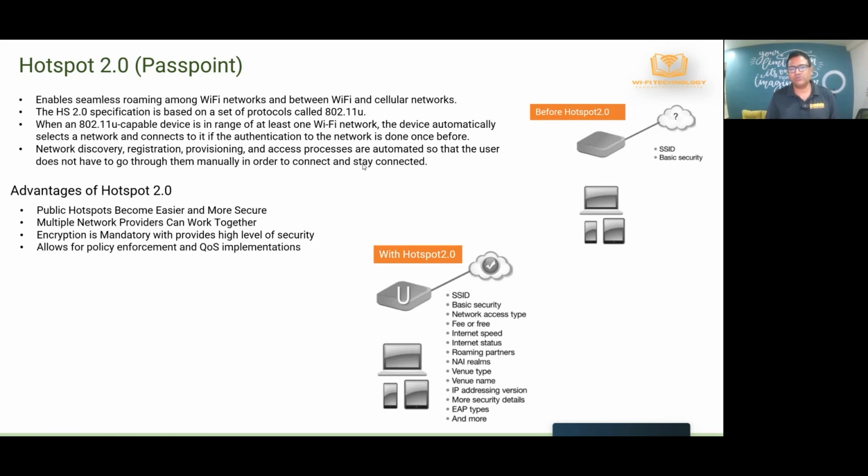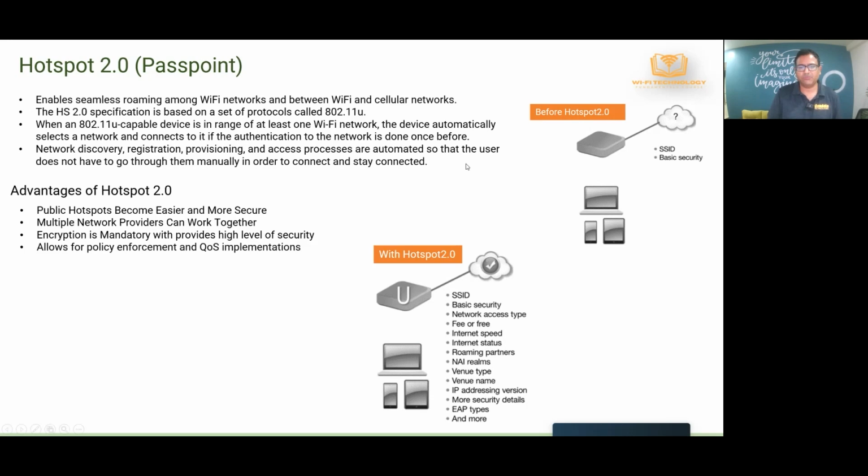So without Passpoint or Hotspot 2.0, this is what the access point will do. The access point will advertise in its beacons its SSID and some form of security. It could be enterprise security, or it could be just the personal security methods, right?